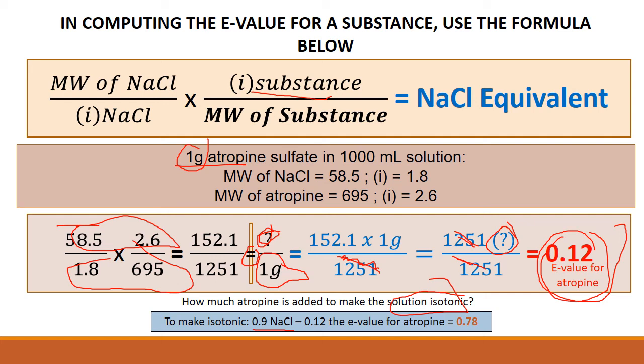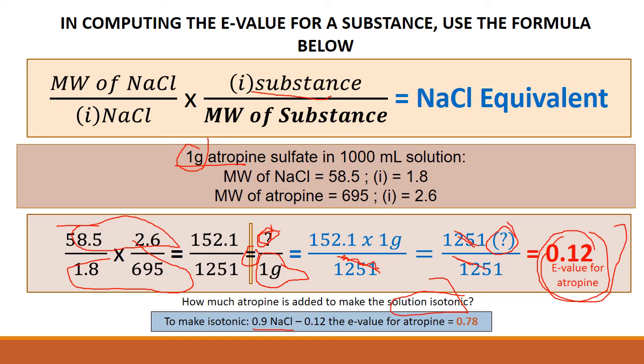So you have to get the product of our numerators and our denominators. So you have 152.1 over 1251. Since we are given here a gram of our atropine, we have to find also this one. Since the molecular weight of our atropine is in the denominator, you have to write 1 gram in the denominator also.